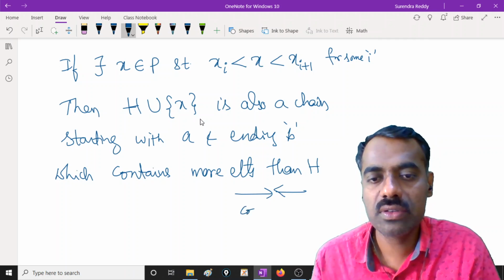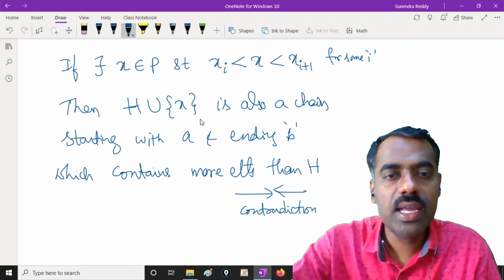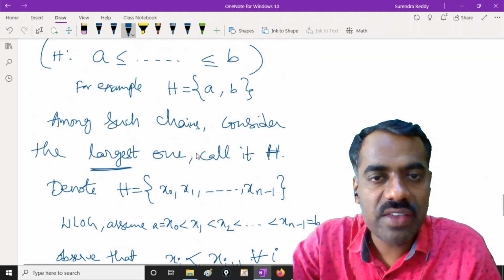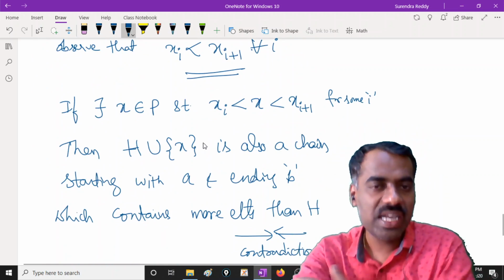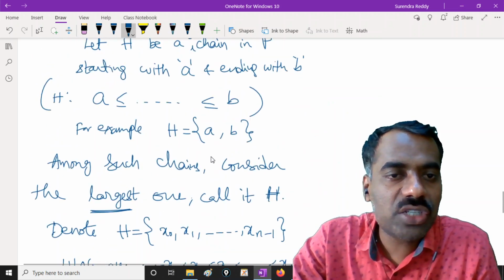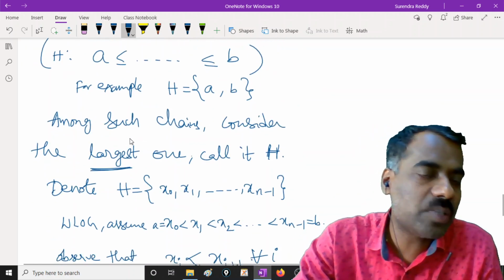Is this clear? Why is this a contradiction? This H has n elements, so obviously this H union x has n plus 1 elements, which is also a chain. So that contradicts our assumption that the way we have selected our H is the largest among all such possible chains.